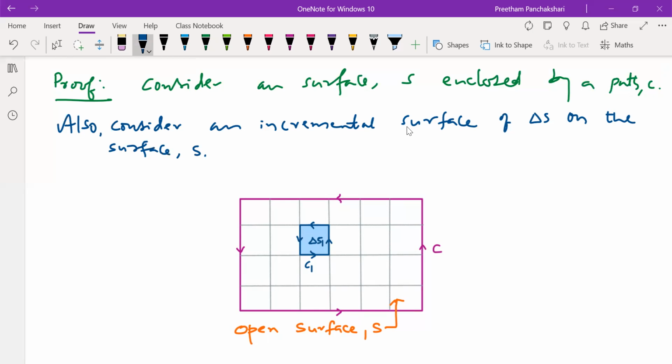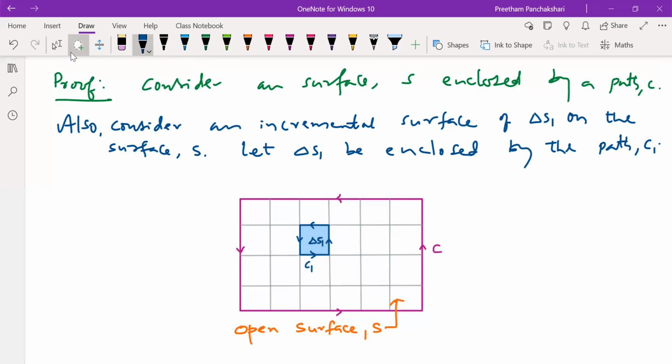On that we shall choose delta S. Let delta S be enclosed by the path. Let us label the path as C1. C1 is the smaller closed path of delta S, or you can also say delta S1. Let us label it delta S1, and the path is C1.